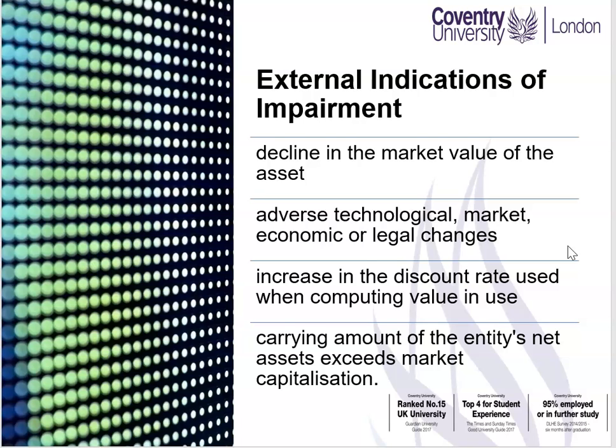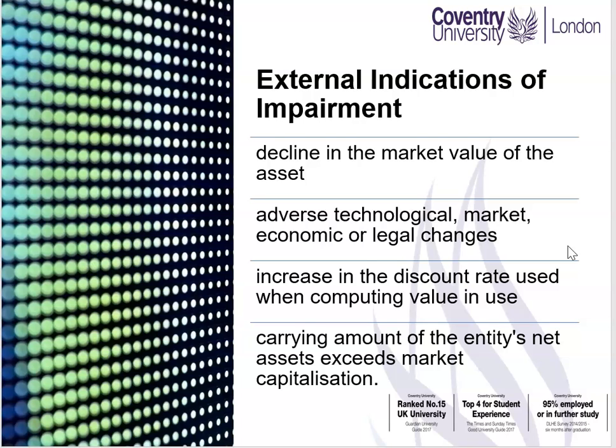Entities don't have to undertake impairment testing every year unless you are specifically required to. For example, for purchase goodwill that we discussed earlier, the standard IFRS 3 requires that annual impairment testing be undertaken.